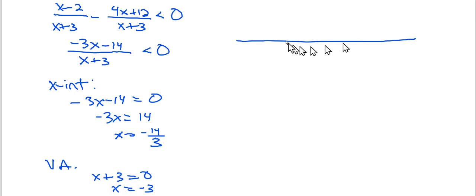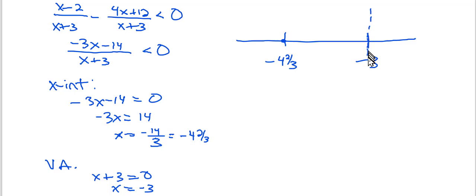I'm going to draw my number line here. x equals negative 14 thirds. It may be helpful to think of that as negative 4 2/3. I need to know that so I know where it belongs on the number line. And then negative 3 is here. That means our intervals, one thing to remember, this is a point on the graph.